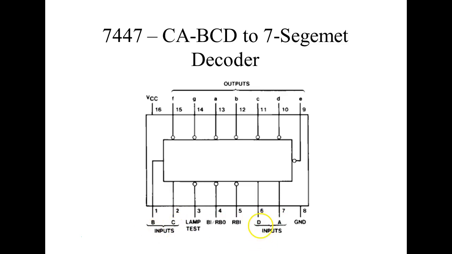Now why they did it that way, I don't know. Normally when you see A, B, C like that, the A is the least significant bit and the D would be the most significant. So if I was going to put a 5 on here, then this one would be low, right? I have to write this down.